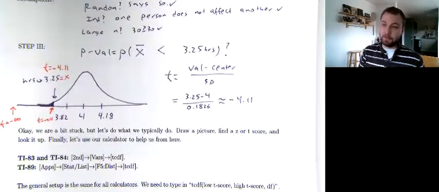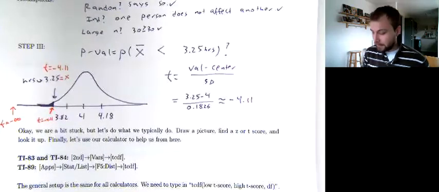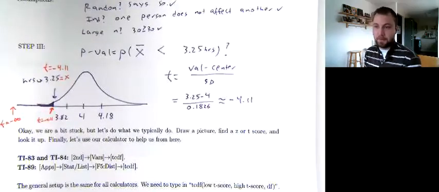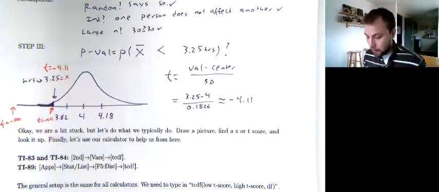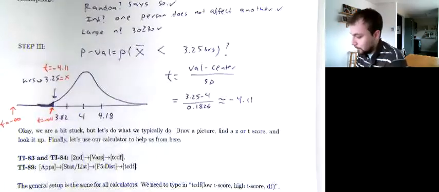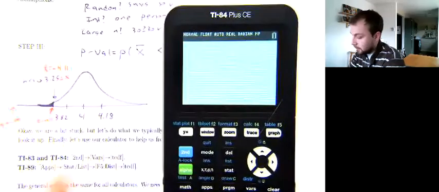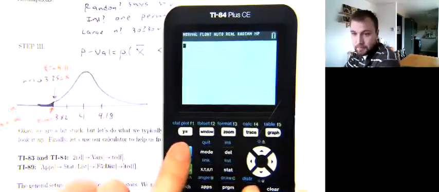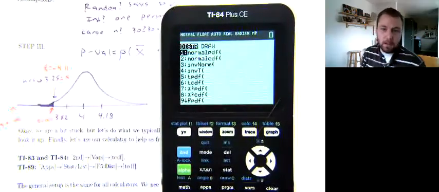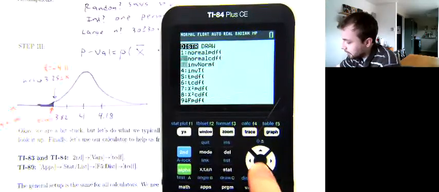I'm looking up distribution area. Since this is a shaded in region, this is going to be TCDF. So I'm going to start with the TI 83 or 84. And I'm going to hit the second button and then the bars. I'm going to scroll down until I see TCDF.